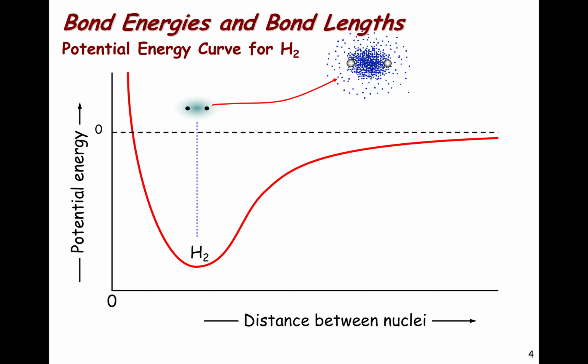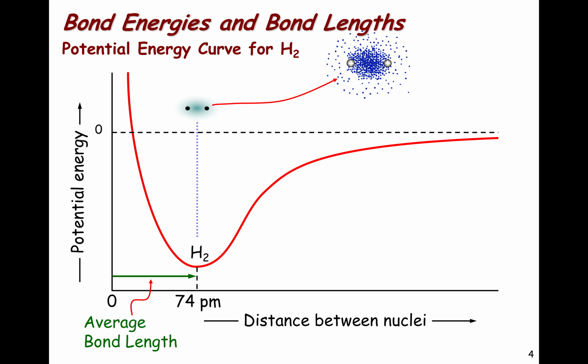The optimal distance between the two atoms is because of the fact that the two electrons in H2 spend most of their time between the two positively charged nuclei, therefore attracting the nuclei closer together. In this situation, the most stable distance turns out to be about 74 picometers.